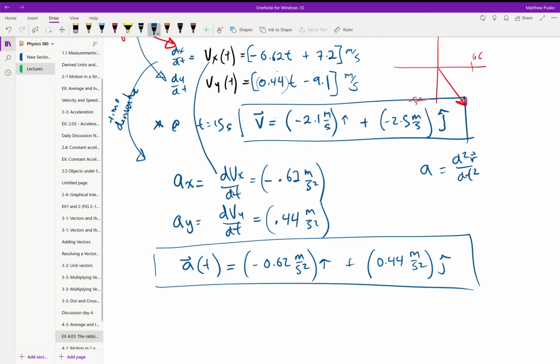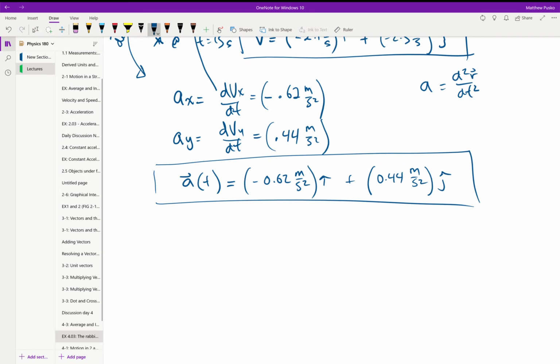Alright, we got it. If I wanted to figure out the magnitude of this, we could take the square root of the components. So 0.62 squared, take the square root of the components added up after you square them. And we can get a value of 0.76 meters per second squared. So this is how long the vector is.